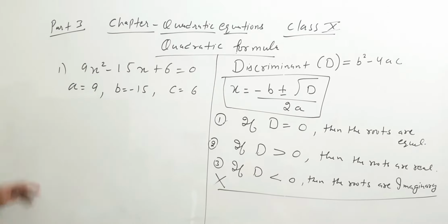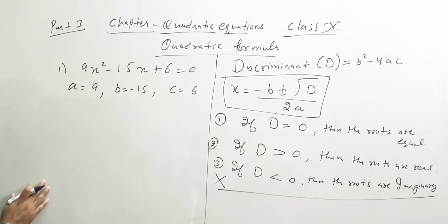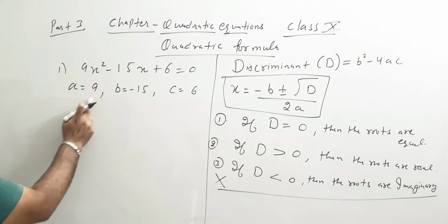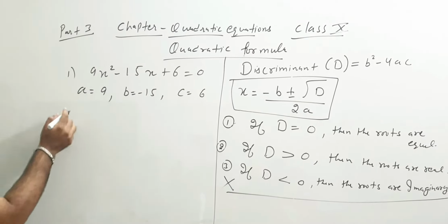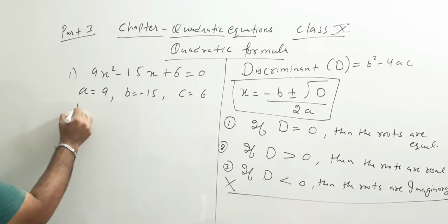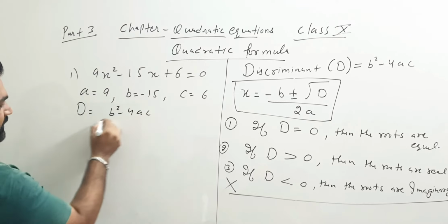Now for example, this is the first question. 9x square minus 15x plus 6 equals 0. So a equals 9, b equals minus 15, c equals 6. First of all we will find d, that is b square minus 4ac.